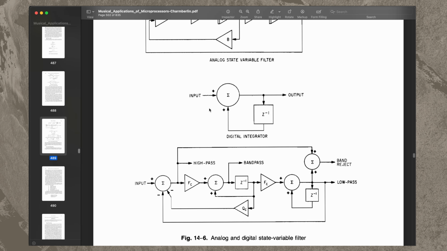Assuming the algorithm is implemented correctly, and these coefficients that perform the amplification, like the frequency and the Q, are not outside of their allowed bounds, then these numbers won't overflow. They won't go too far in either direction, positive or negative.